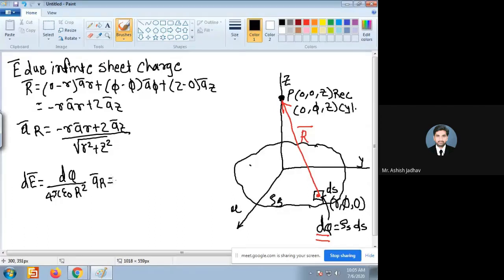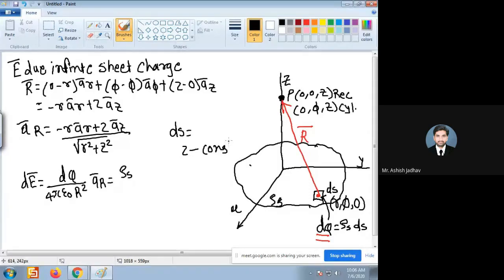Right. By writing the values, I can say that this dE bar is equal to, what is the value of dQ? dQ is rho s ds. Now here I want to replace this ds. Since we are talking about ds when z is constant, you can go back and tell me the value of ds if z is constant.